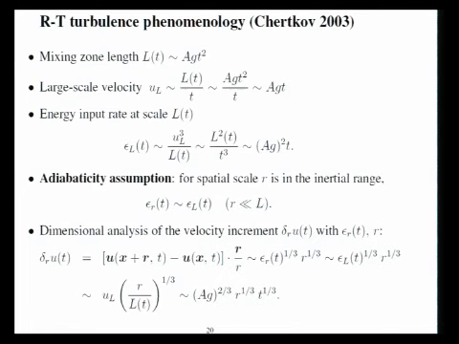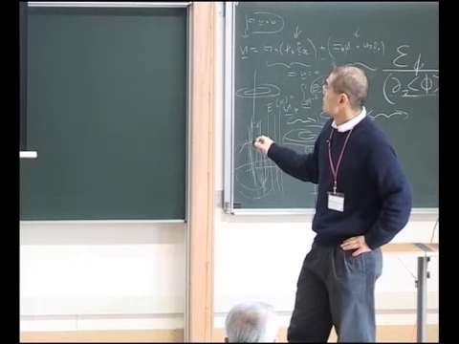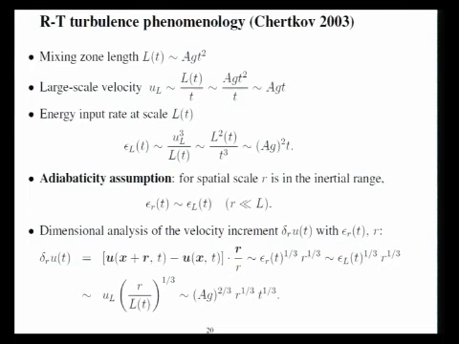The starting point is the t-square law: the mixing zone grows like t squared. Based on this, we can define a large-scale velocity, just L divided by t. We can plug this in, and the large-scale velocity grows like this.